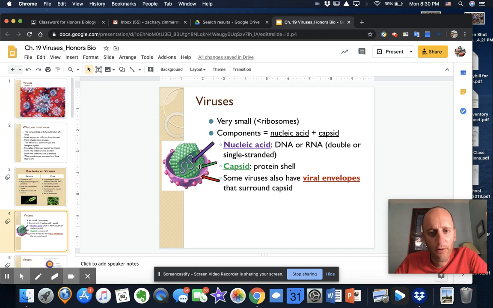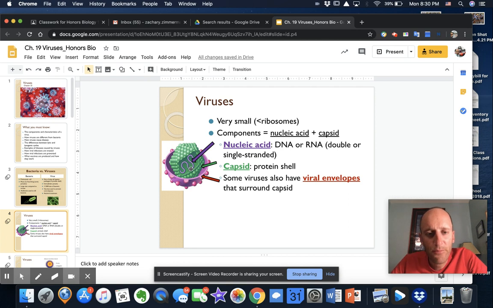So there are nucleic acids that are inside the virus. I say acids as if all viruses have more than one nucleic acid particle. That's not the case at all. Some do, some don't. Like this virus that we're looking at only has one nucleic acid molecule. It's going to be DNA or RNA. There are viruses that have more than one.